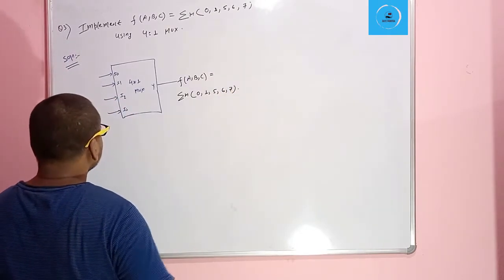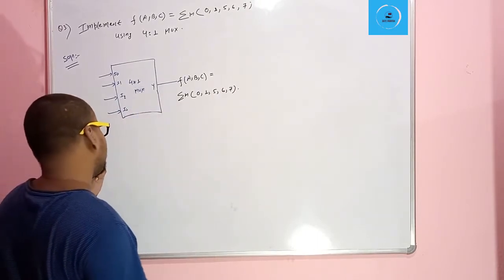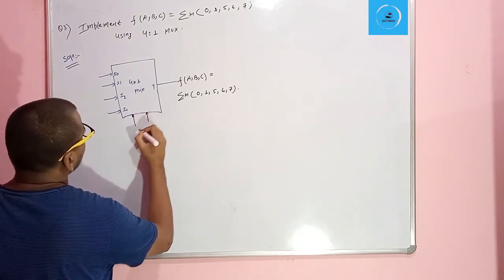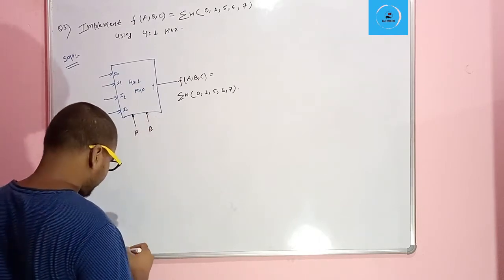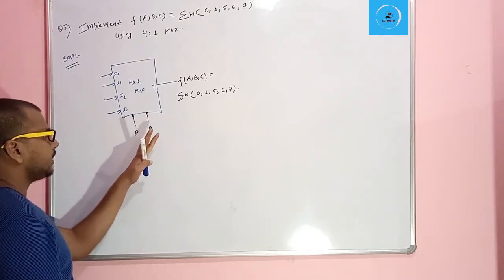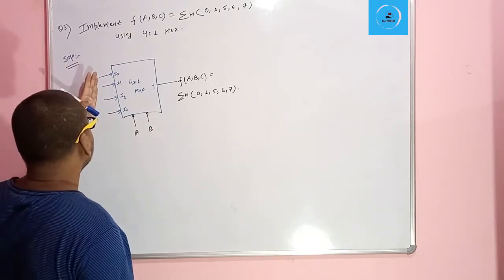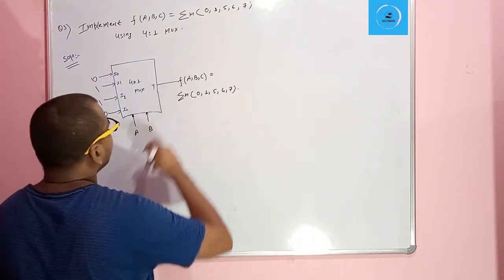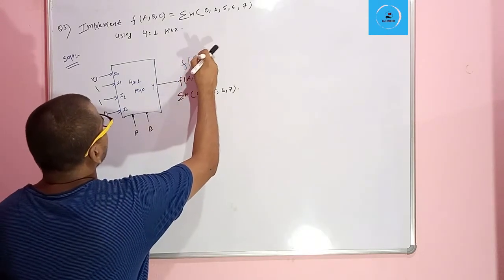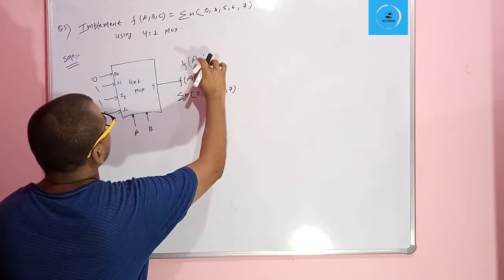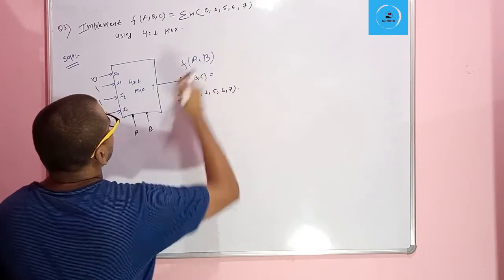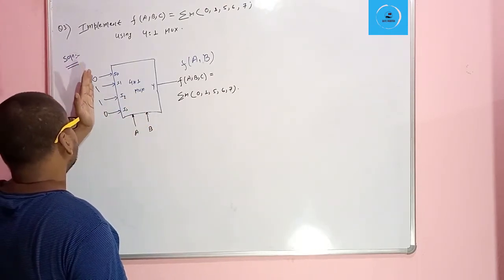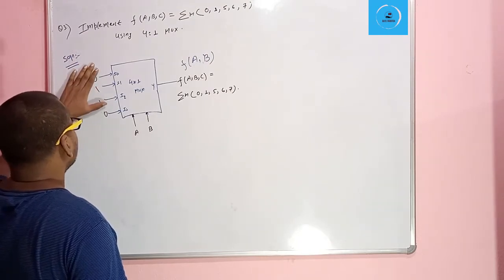Here there will be 3 possible cases. First, we provide a and b as the select lines. When we give a and b as the select lines, and give any inputs here like 0 1 1 0, we will get a function of a and b.